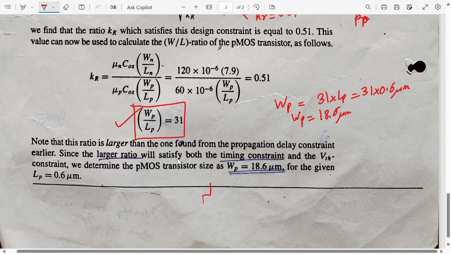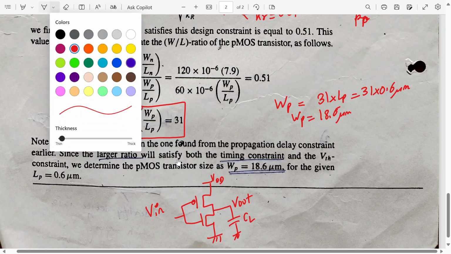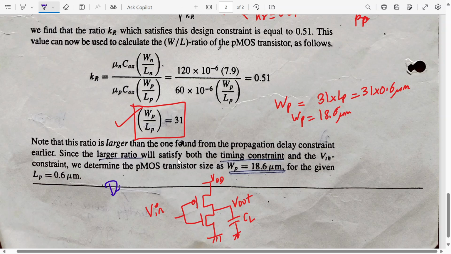So hence the designed inverter will be as follows. Okay, so you draw the inverter with the timing constraint. So basically W by L ratio we have to find out. So this is CL. So finally the designed circuit will be the designed CMOS inverter.